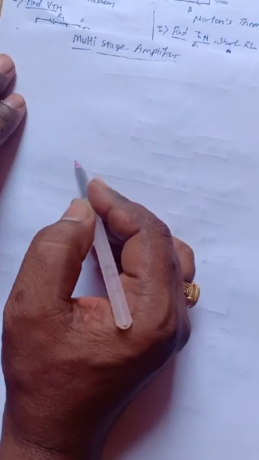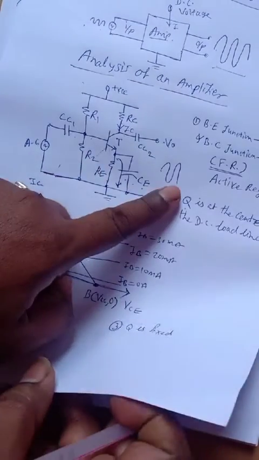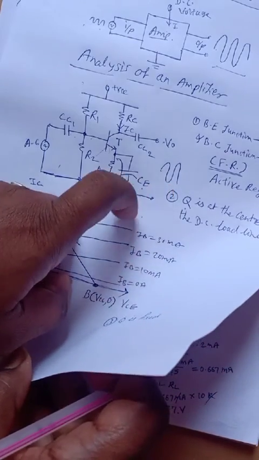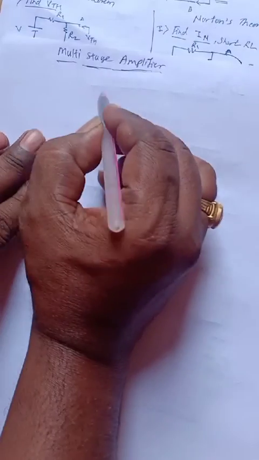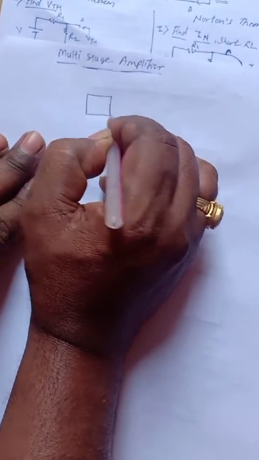What do you mean by a multi-stage amplifier? A single transistor is sometimes unable to give the amount of amplification that we require. In that case, we connect the amplifiers to each other.